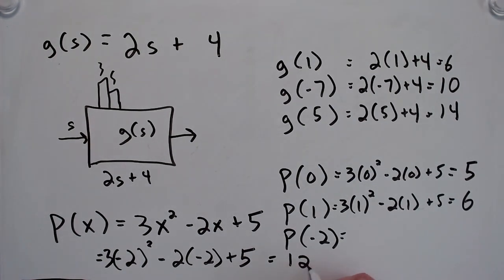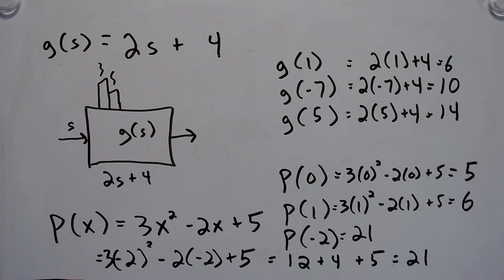Let's do it one term at a time. 2 times negative 2 is negative 4, but we're subtracting it, so we're really adding 4 and adding 5. Let's just make sure I did that right. P of negative 2 is 3 times negative 2 squared, minus 2 times negative 2 plus 5. Negative 2 squared is 4, 3 times 4 is 12, negative 2 times 2 is negative 4, plus, we switch our signs, it's positive. Okay, so this equals 21.